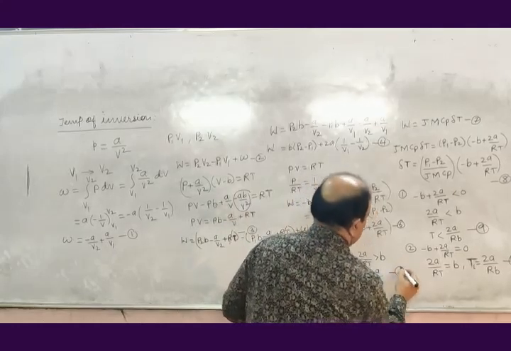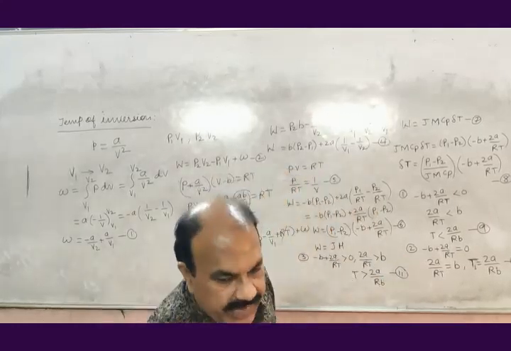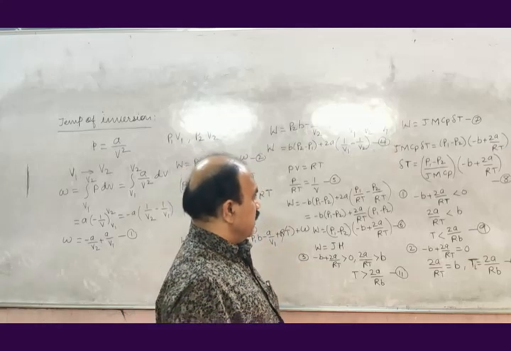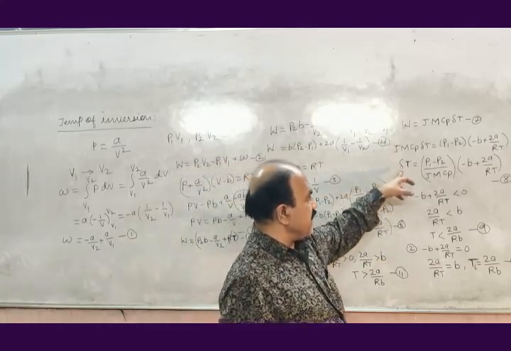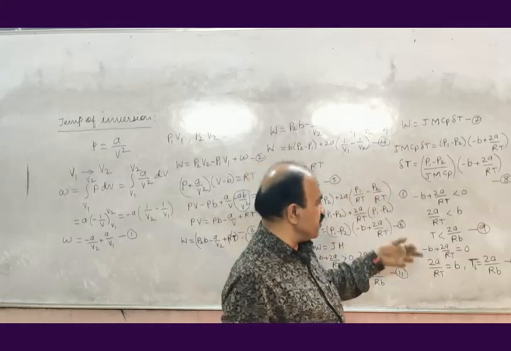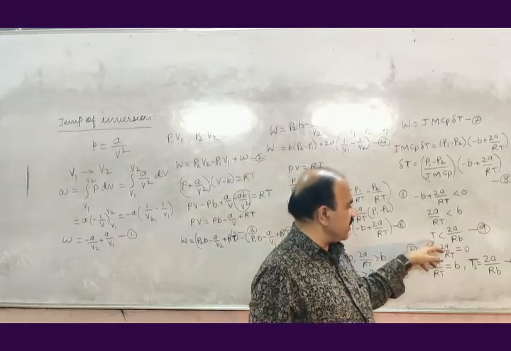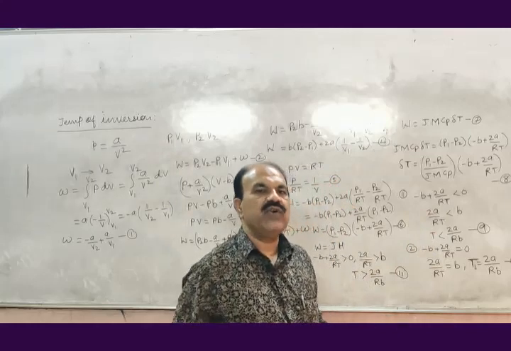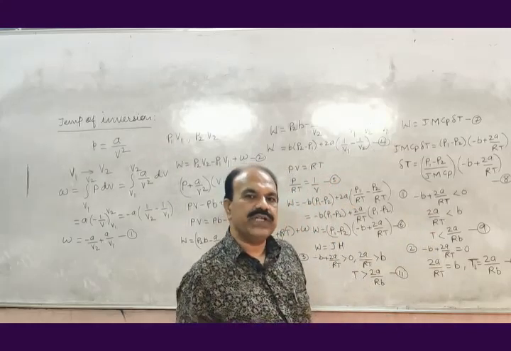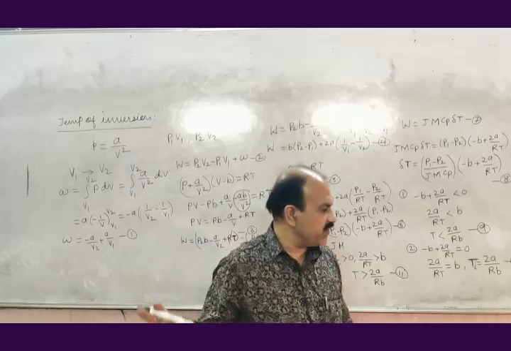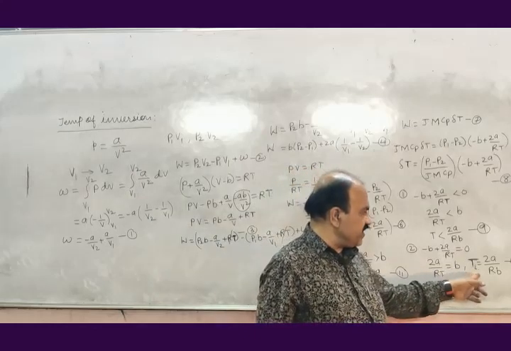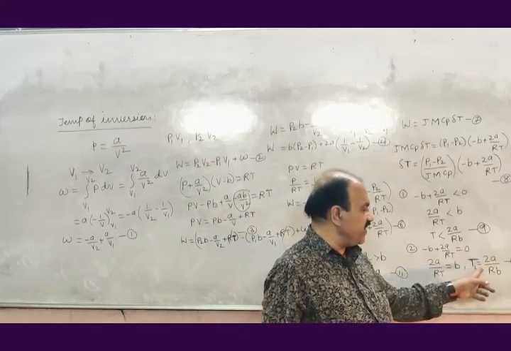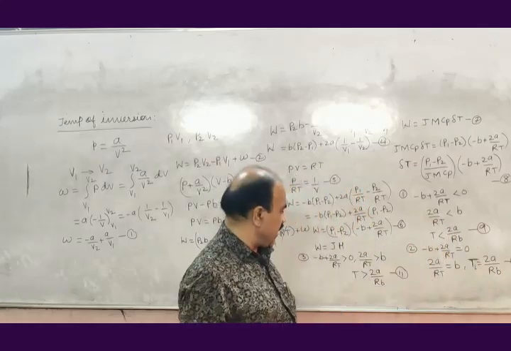Equation number 11. So what we find here: delta T will be negative, cooling will be shown, if temperature T is smaller than 2A by RB. No heating or cooling will be observed in the Joule-Thomson porous plug experiment if T is equal to 2A by RB, which is the temperature of inversion.